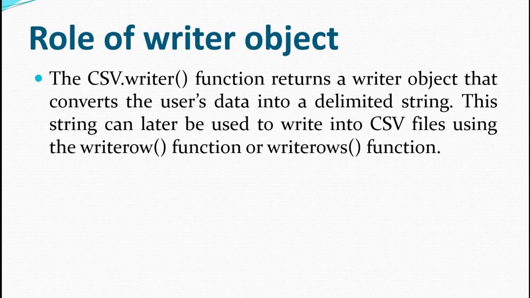Next, the role of the writer object. The csv.writer function returns a writer object that converts the user's data into a delimited string. This writer function generates a writer object. Its working is only to generate the writer object that is used to convert the user's data, whatever users enter, into a delimited string.